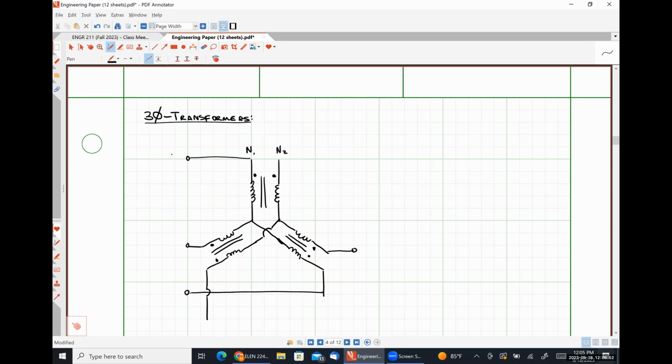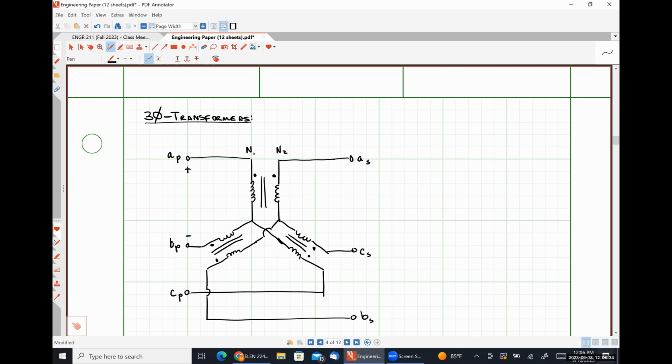so let's call this A on the primary, B on the primary, and C on the primary. Let's call this A on the secondary, C on the secondary, and down here, B on the secondary.